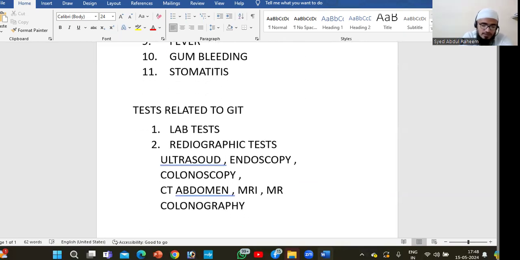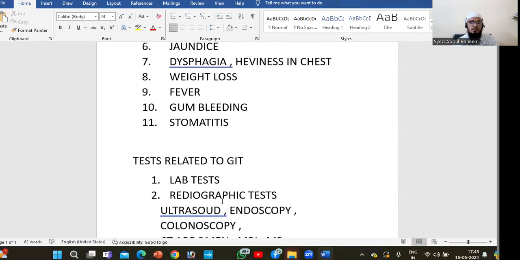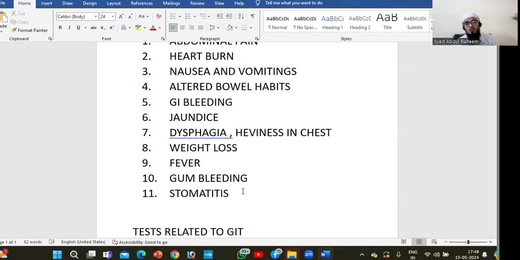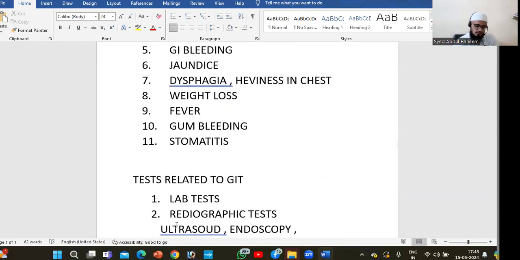These are the scans advised by doctors to check problems in the GI tract. According to the condition, we advise the patient if the problem is not diagnosed during the examination. These are the radiological diagnosis.